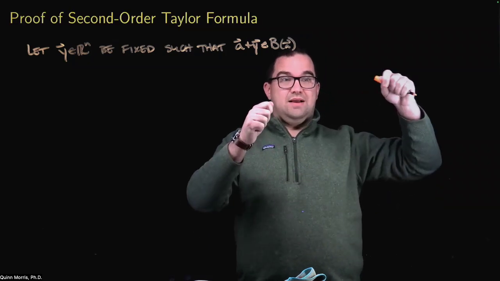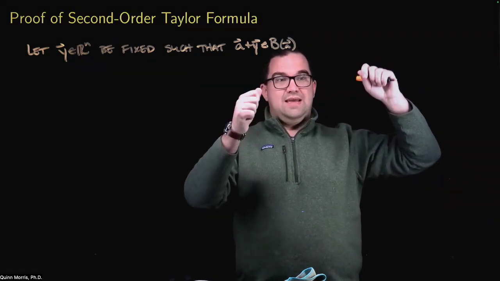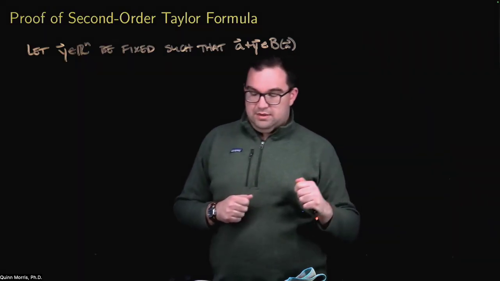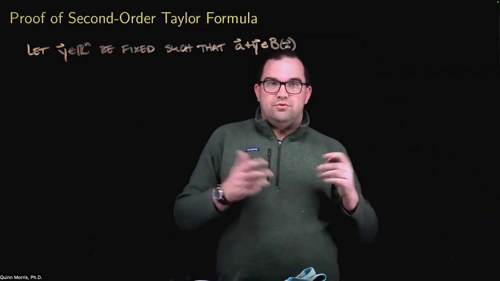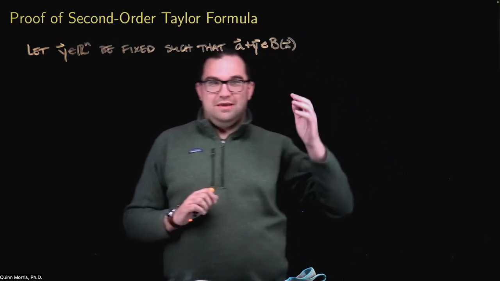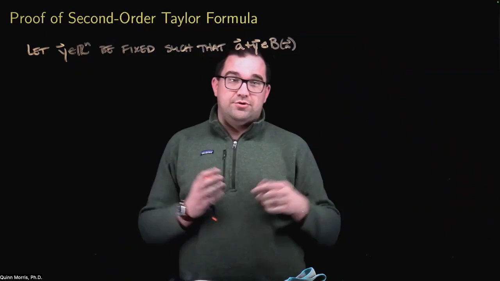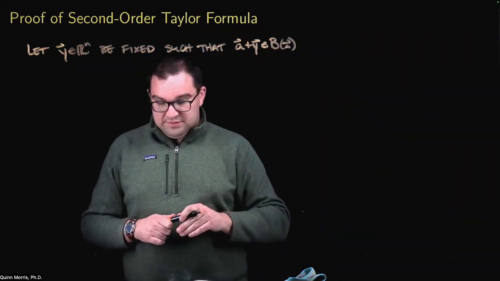So any segment with endpoints A and A plus y must also be in the ball. That's an interesting geometric thing. It's maybe not so interesting in R^n, but it turns out to be very important in other spaces.